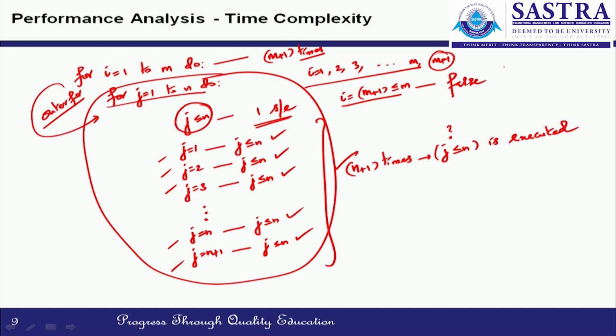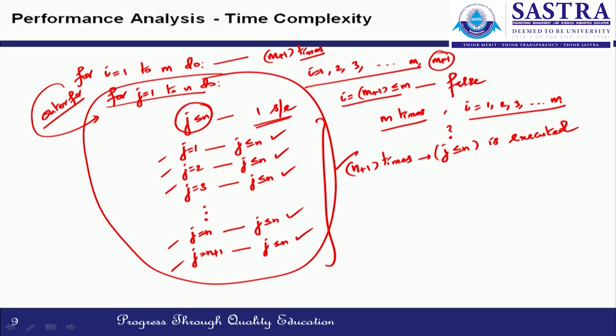How many times is the part of outer for executed? The part of outer for is executed for just m times, when i ranges from 1, 2, 3, etc., m.